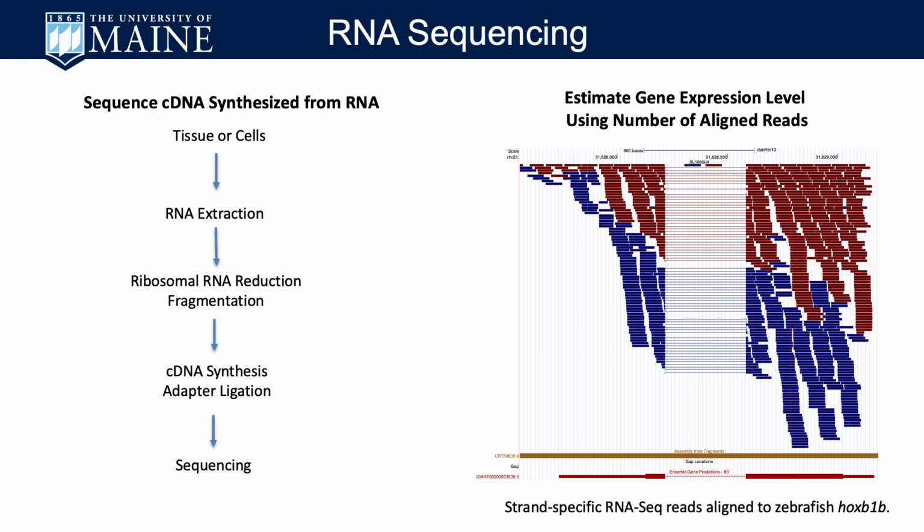HOXB1B in the zebrafish just has two exons. Exon 1 is actually on the right because this gene is on the negative strand of the DNA. Then exon 2 is on the left. And again, the level of gene expression of HOXB1B is proportional to the number of aligned RNA sequencing reads.